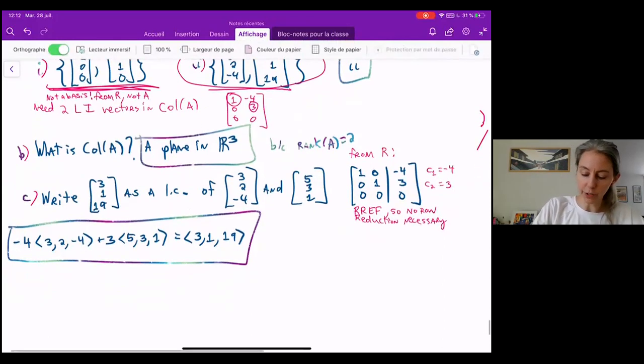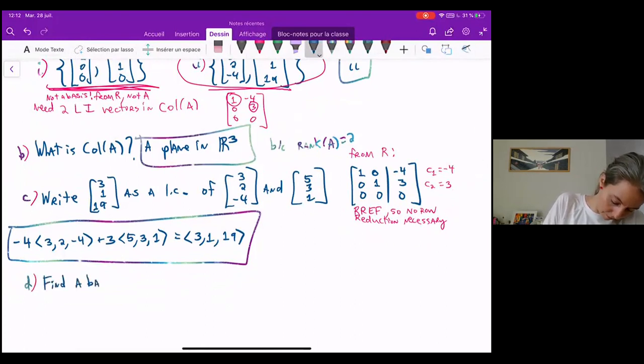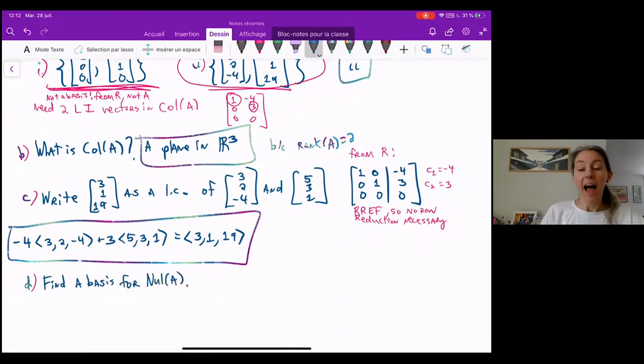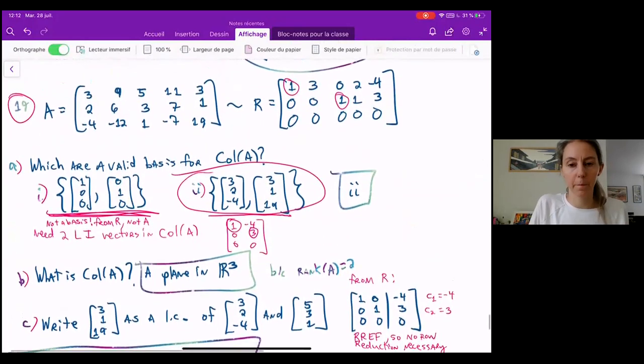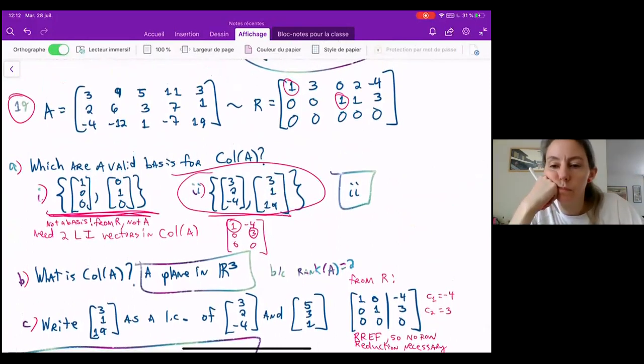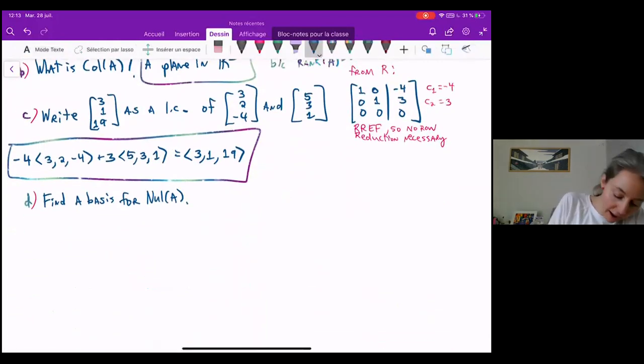Next, find a basis for the null space. How many variables are there? Five, you got it, with 3 free variables. So I know before I even start that I'm going to have 5 components here.